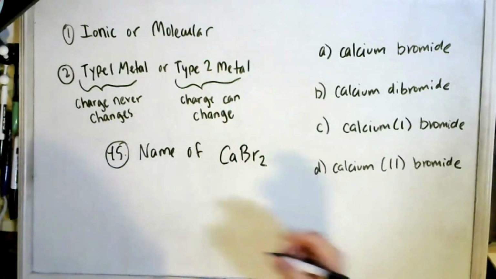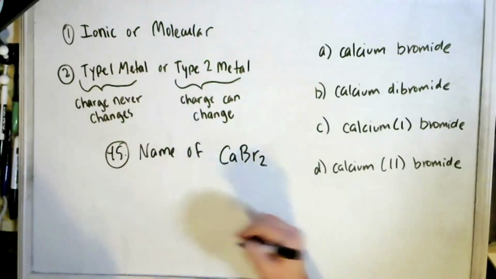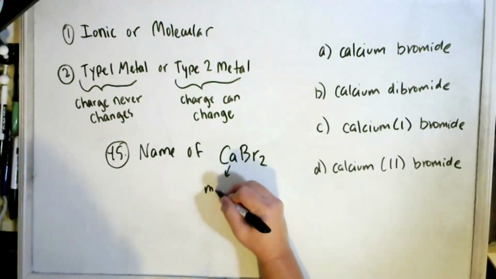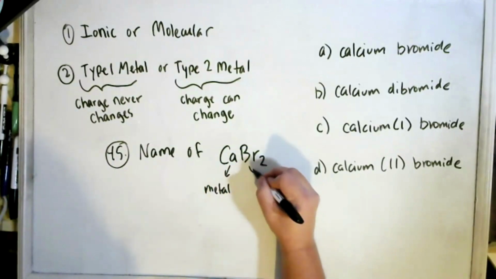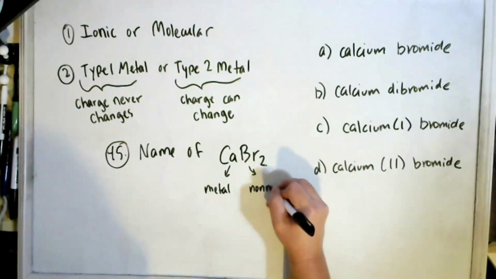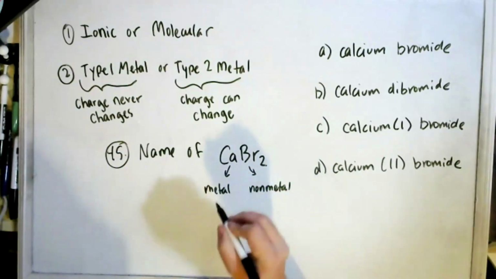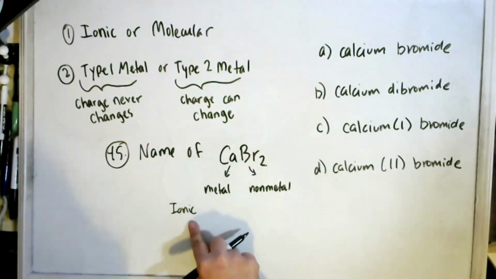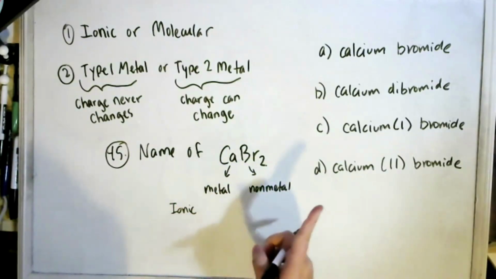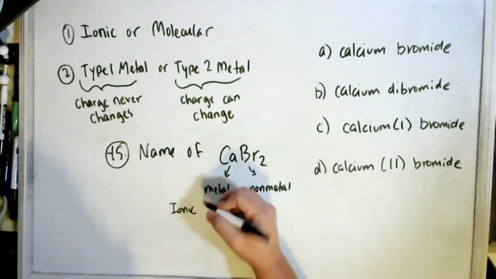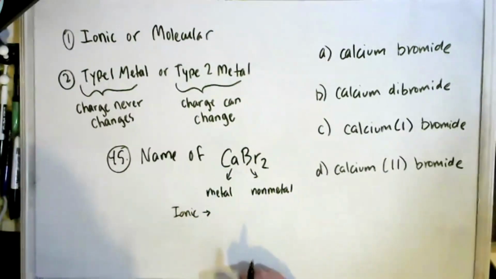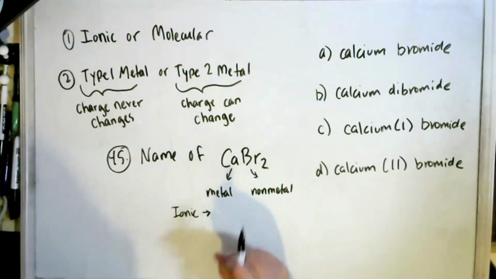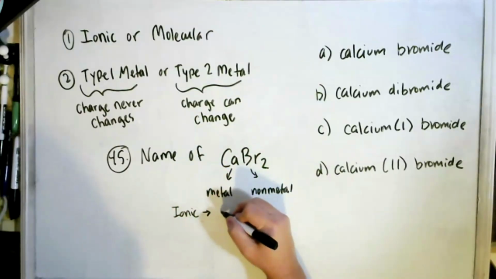Okay. So you start with the first question here, ionic or molecular? Calcium is a metal. Bromine is a nonmetal. And that means that this compound is ionic. And with that first determination, you can already eliminate one of those answer choices. If it's an ionic compound, you absolutely, under no circumstances, can use any prefixes.